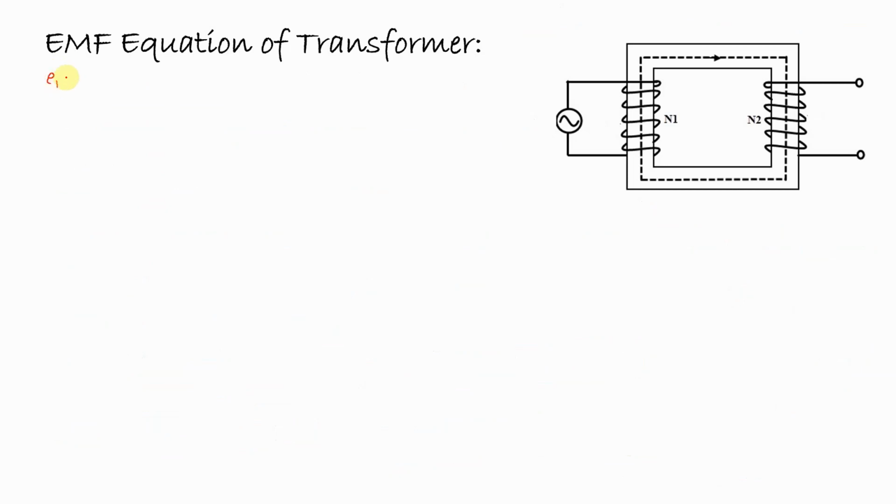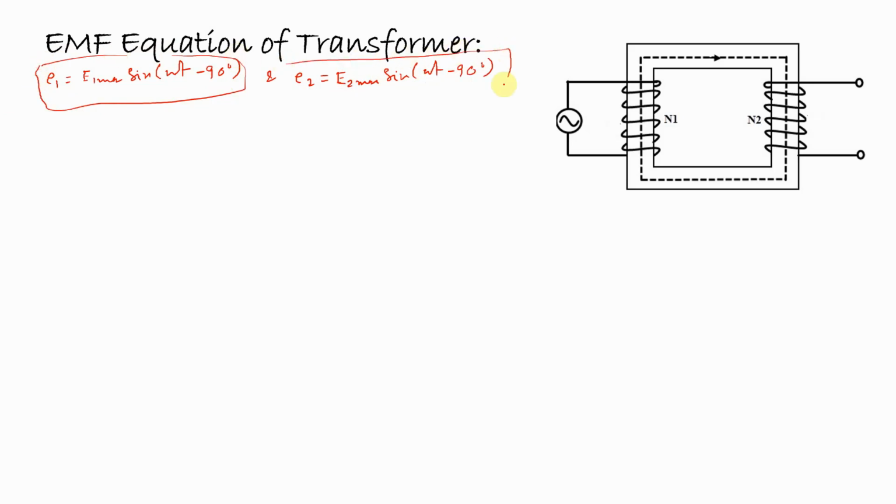Here E1 will be equal to E1 max sine of omega t minus 90 degrees, and E2 will be equal to E2 max sine of omega t minus 90 degrees. So these are the expressions of the instantaneous EMF in the primary as well as in the secondary side.